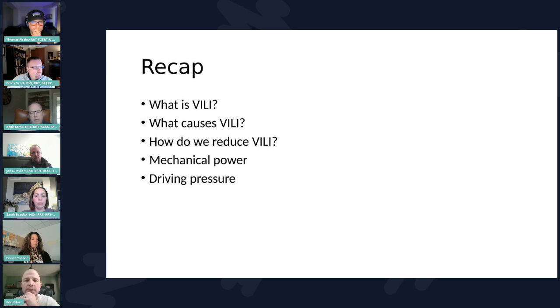But in a practical sense, at the bedside, for your average everyday person that has to take care of these patients, it's to know what increases those things and what increases the risk to the patient primarily. So if we think about what we've already gone over last month and what we're talking about now, more volume has the potential to increase the amount of energy applied to the lungs, which is bad.